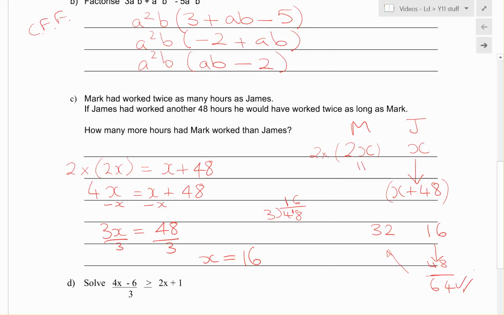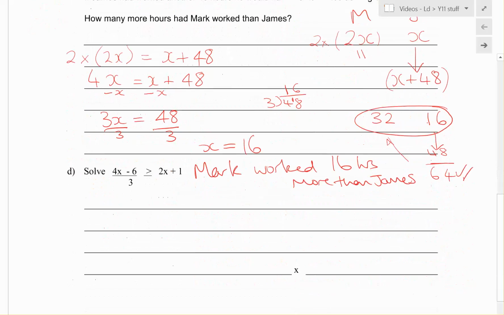So I'm confident in my answer. The question does say how many more hours had Mark worked than James, and I can see that Mark worked 16 hours more than what James did. So you need to be writing Mark worked 16 hours more than James to fully answer the question.